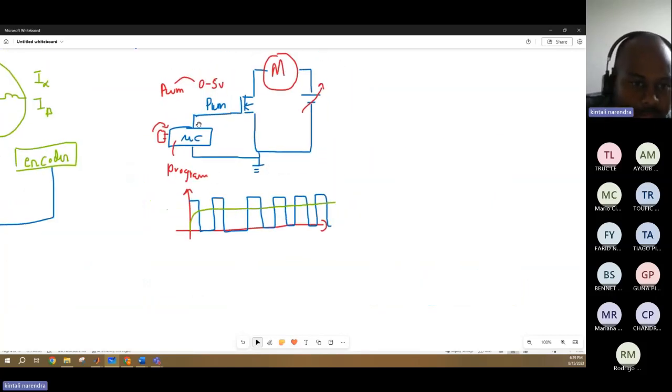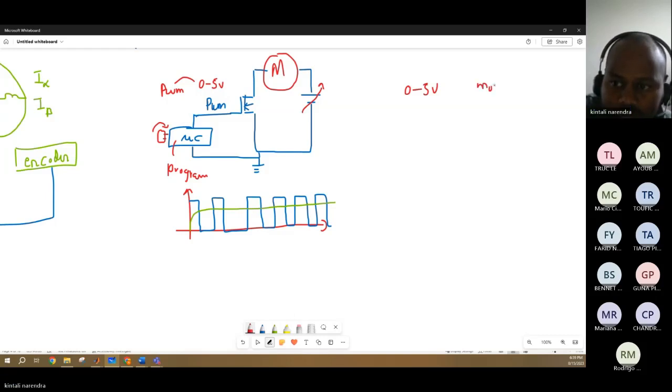Basically the microcontroller will operate at a much higher frequency, like in kilohertz. The 0 to 5 volts is the maximum value, the limit of your MOSFET. Now this is the duty cycle.